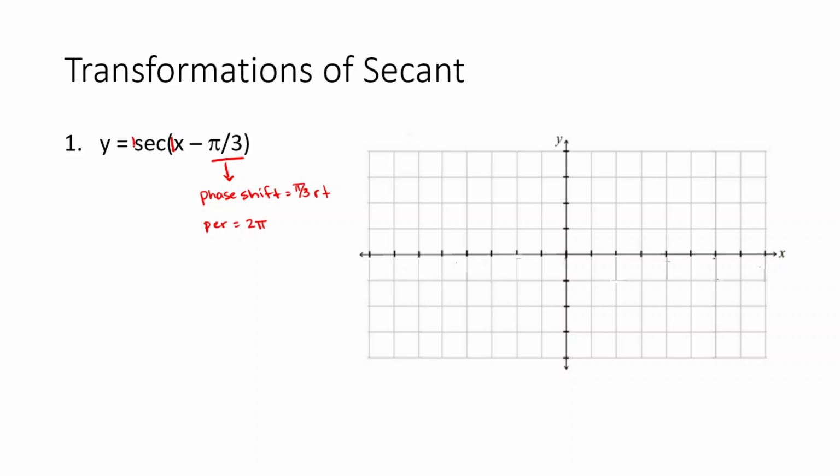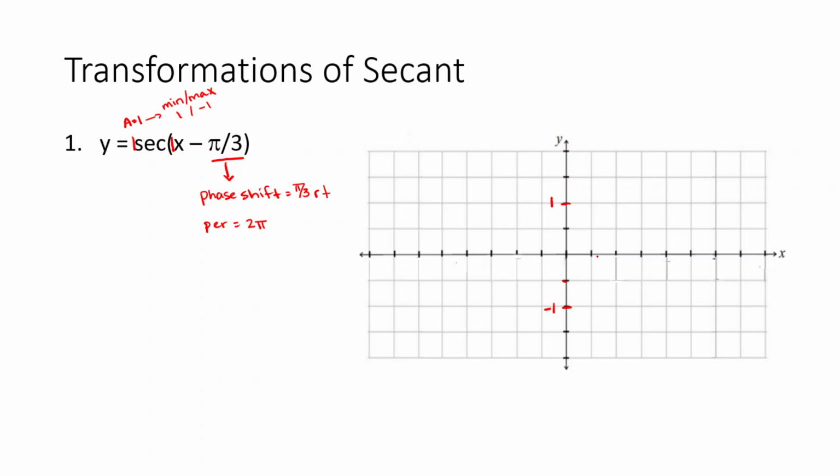Okay, our a value is 1. So that means what this tells me now is it's not the amplitude of a wave, but it tells me my minimum and maximum are going to be at 1 and negative 1. So that's what I'm going to mark on the y-axis.